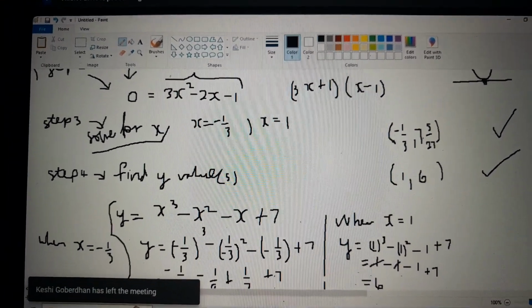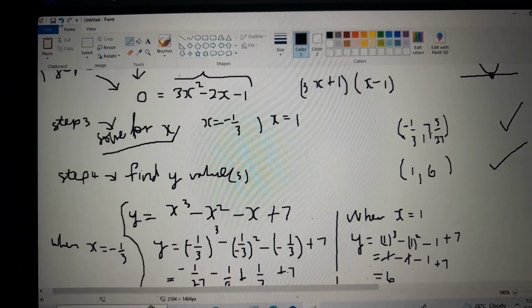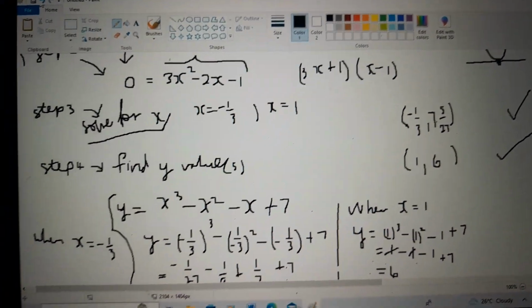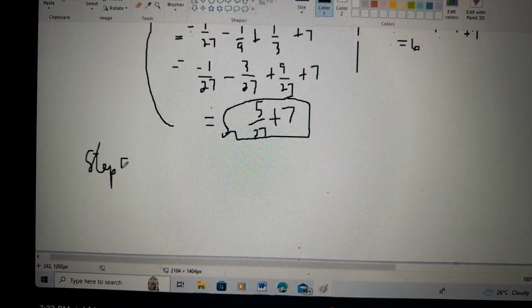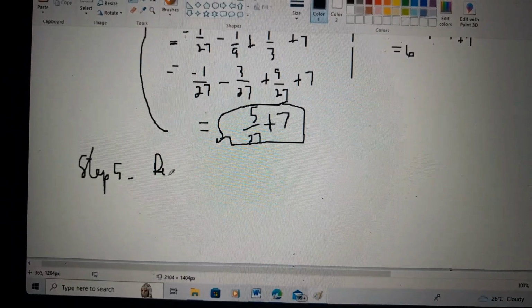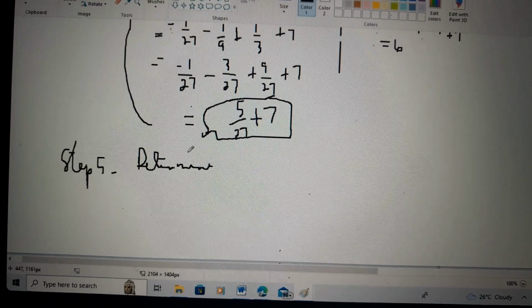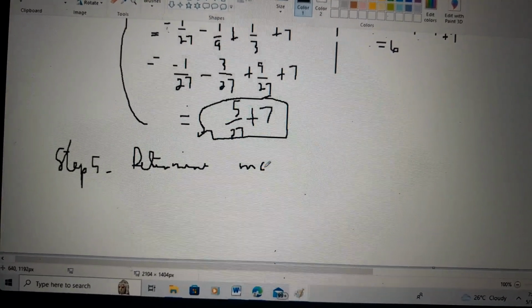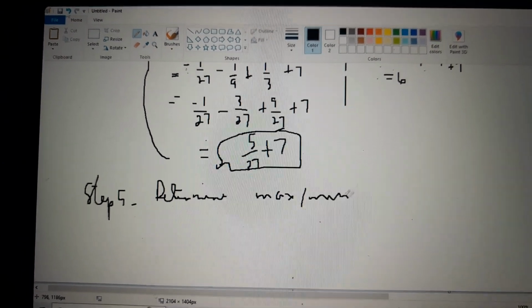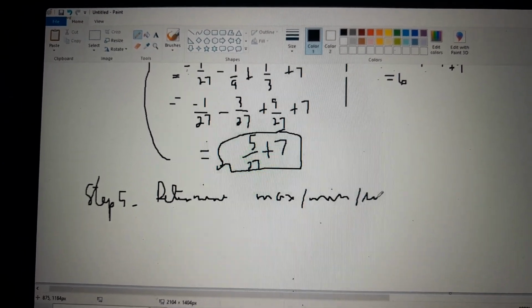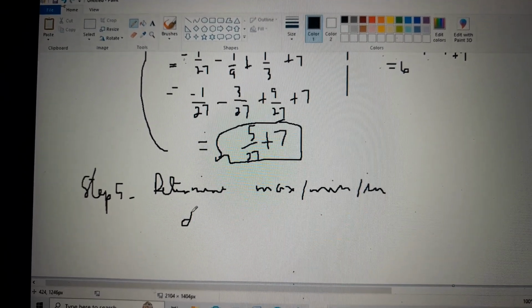Can anyone tell me how we can determine what it is? Max, min, or inflection. So this is where we use the second derivative.